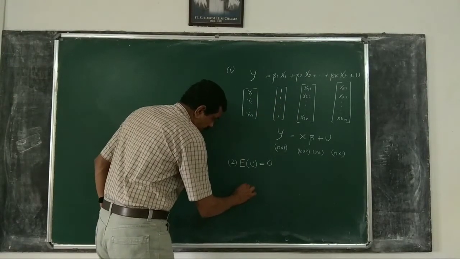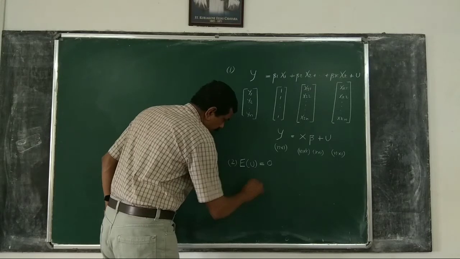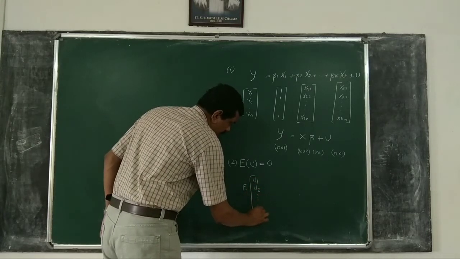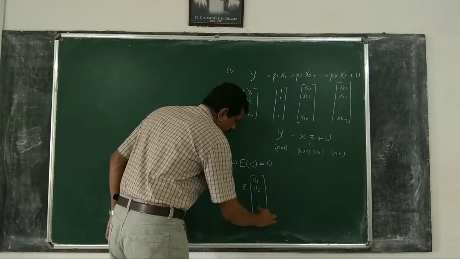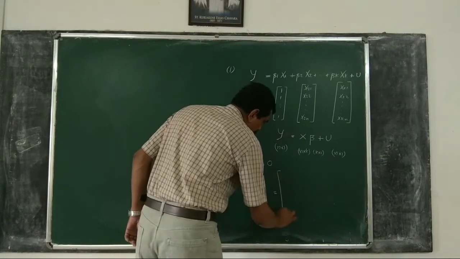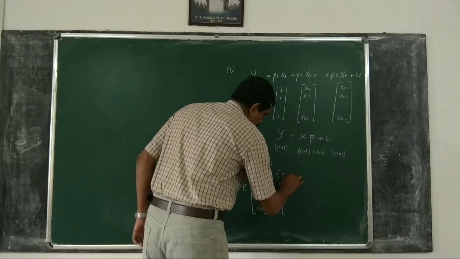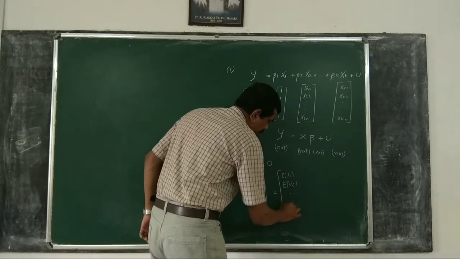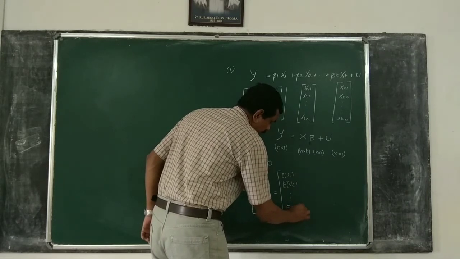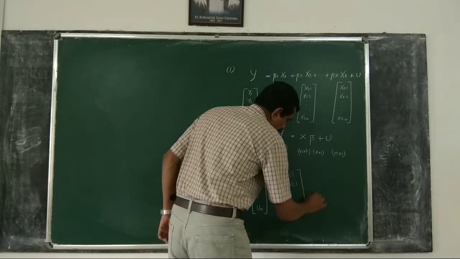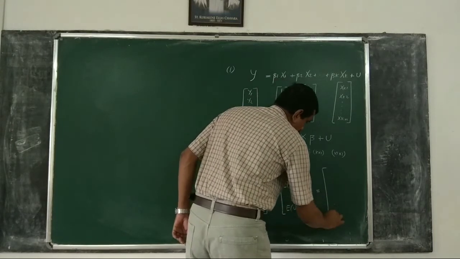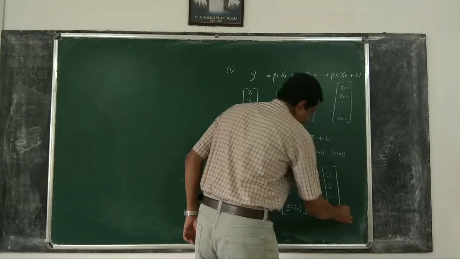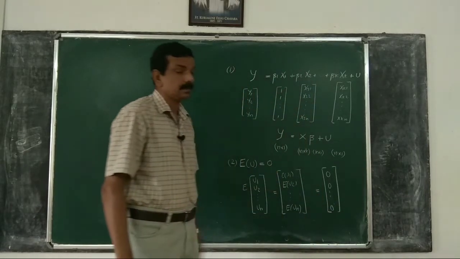So, the expected value of u, which is u1, u2, ..., un, is equal to expected u1, expected u2, ..., expected un, which is equal to a null vector, expected u equal to 0.